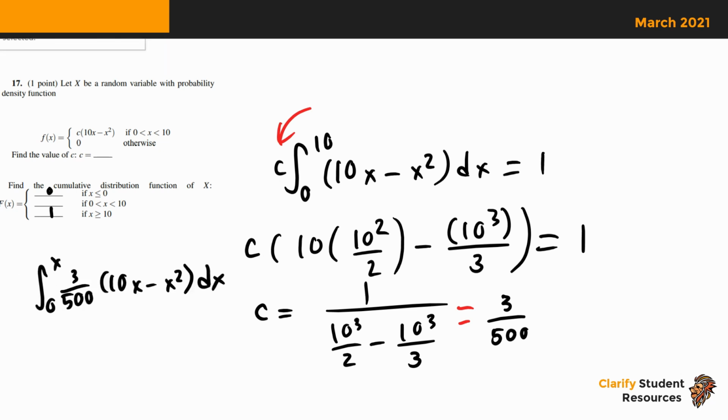There we go. So if you plug this in, what we're going to get, oh sorry, let me just change this x so it's not confusing. So we can go from 0 to t instead. We'll factor out the 3 over 500.